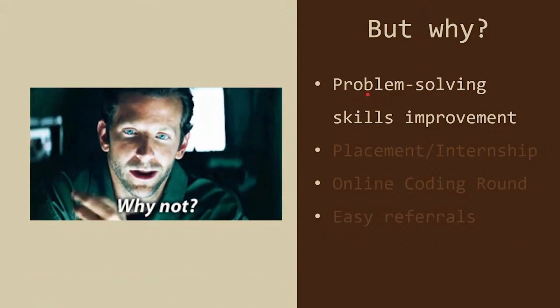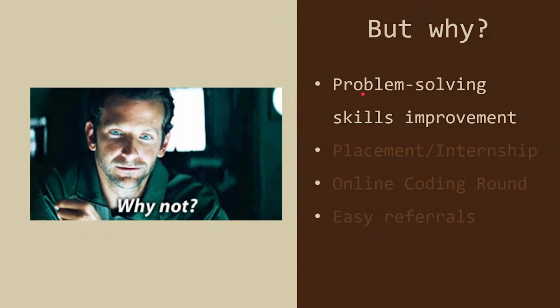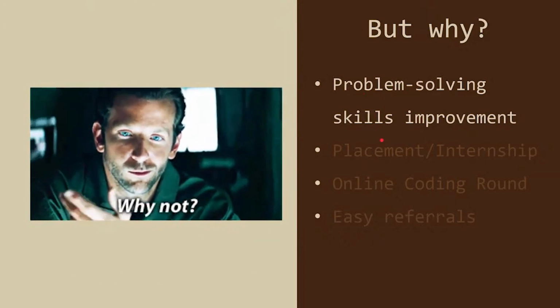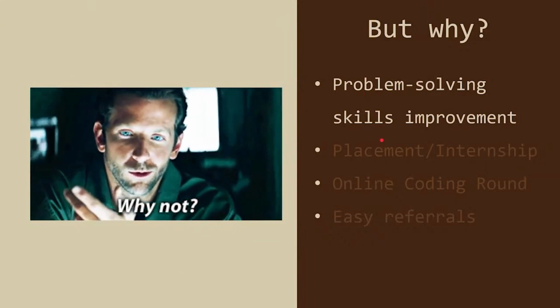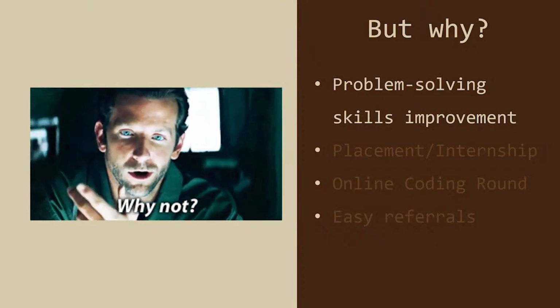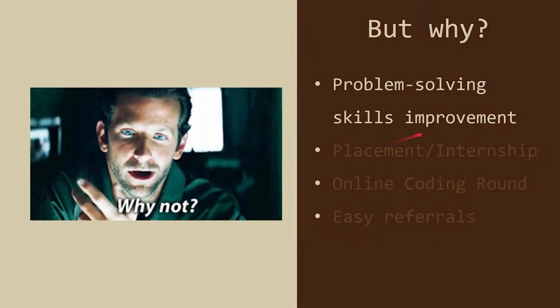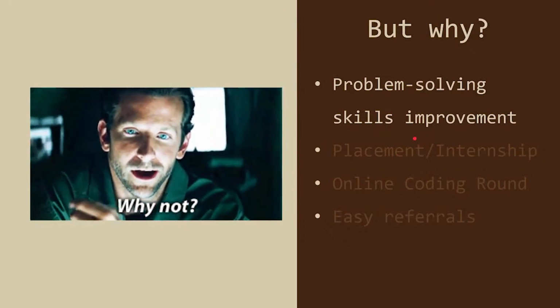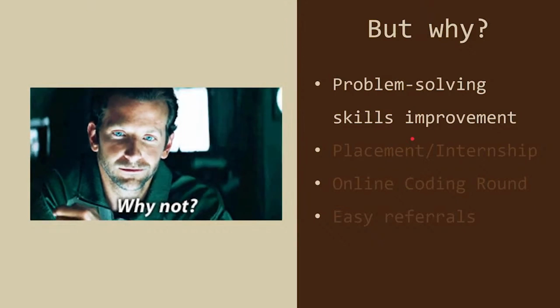Say suppose there is a person A and a person B. The first is consistently solving competitive coding questions, and person B doesn't solve many competitive coding questions. If I throw a problem at both of them, what will happen?